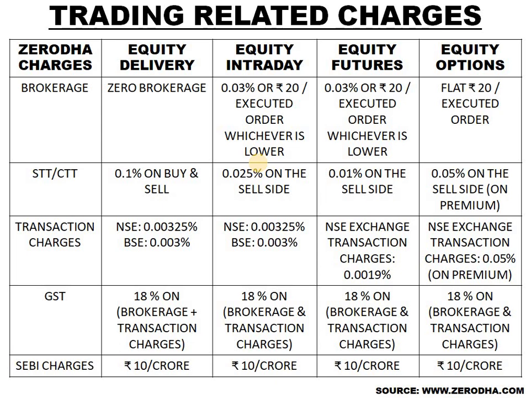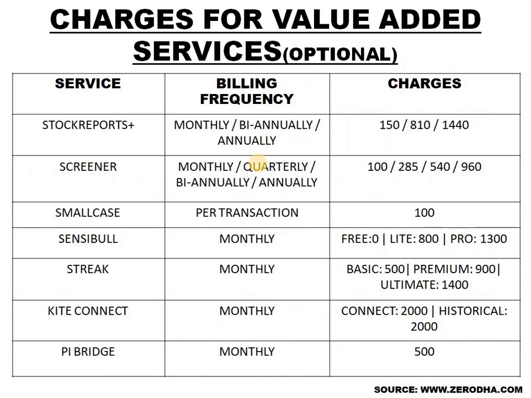Now the next one is the charges for value added services. Here Zerodha offers a wide range of services which are no doubt optional, but if subscribed they are charged.